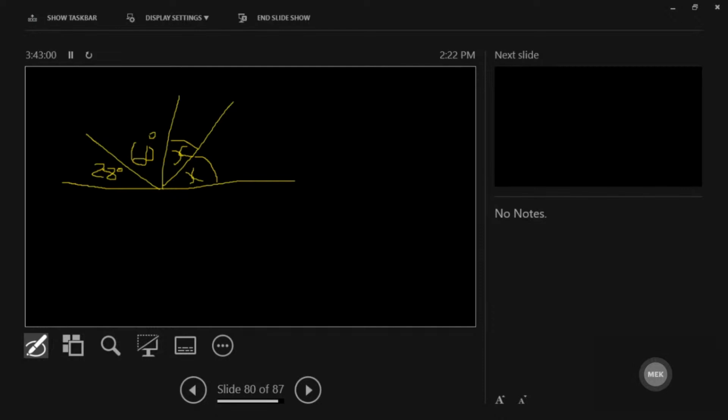Talk quick, time going. Add up what, Trevor? Add 28 and 60. And then what? Then subtract from 180 since it's a straight line.